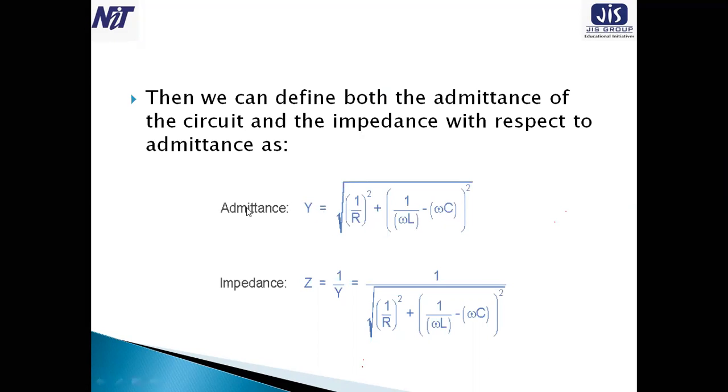In the previous slide, we know that Y equals root over G square plus (BL minus BC) whole square, and putting all the values, G is 1 by R, BL equals 1 by omega L, and BC equals omega C. Just convert it to the value, and then for impedance, we know that Z equals 1 by Y, so that is equal to 1 by root over (1 by R) whole square plus (1 by omega L minus omega C) whole square.